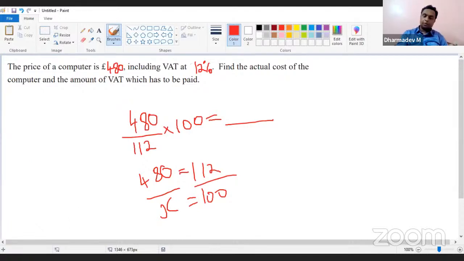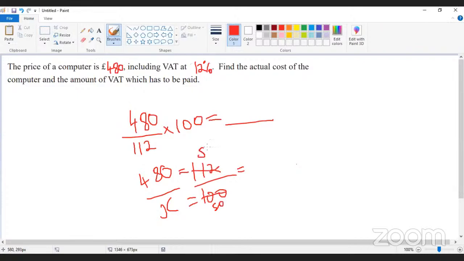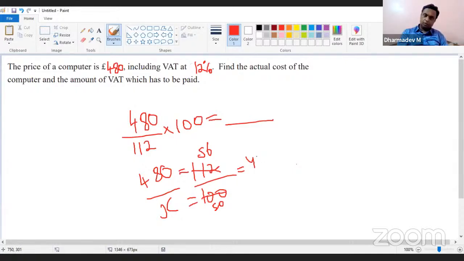So what would be an approximate value? The computer price will be 480 and the VAT will be 57.6. No, wait. The computer price 480 will be equal to 422 for 100.